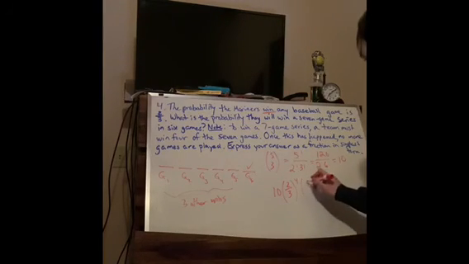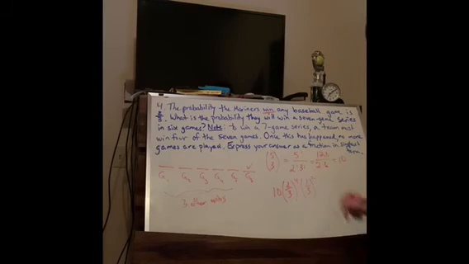So really we need to do 1/3 squared. They lost 2 games, each with a probability of 1/3. We can't just exclude those 2 just because they didn't win. And we get 10 times 16 over 81 times 1 over 9.